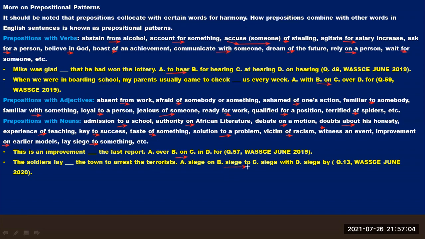The soldiers lay siege to the town. You lay siege to something. Soldiers taking over the town or surrounding the town or invading the town in search of terrorists, all right? Then siege with is incorrect. Siege by is incorrect, all right?